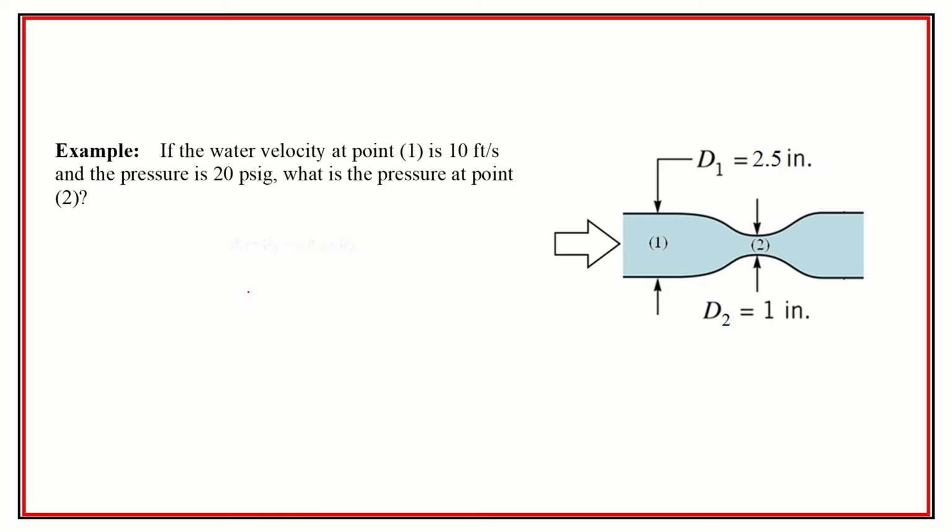Now, all we know at this point is that the velocity is going to be 10 feet per second coming in here at 1, and we want to find out what the pressure is at 2. So we know the velocity at 1, and we know the pressure at 1, and now we want to know the pressure at 2.